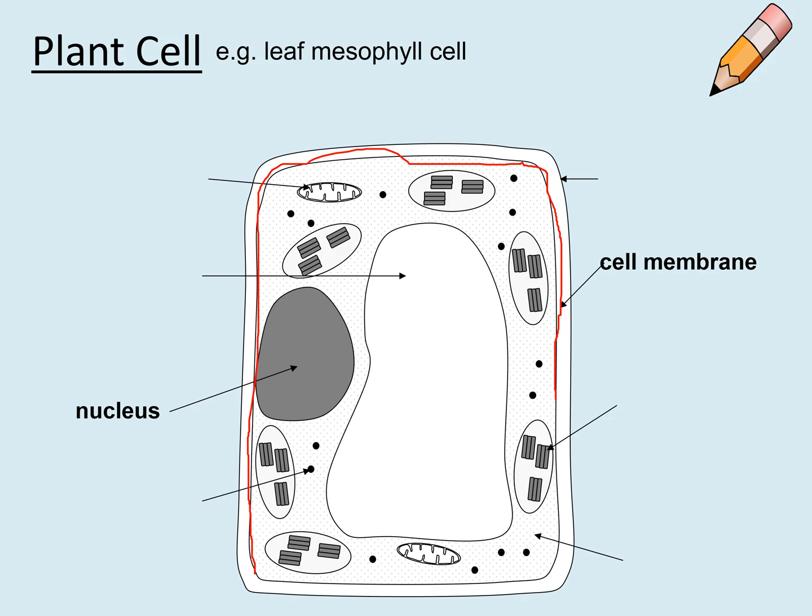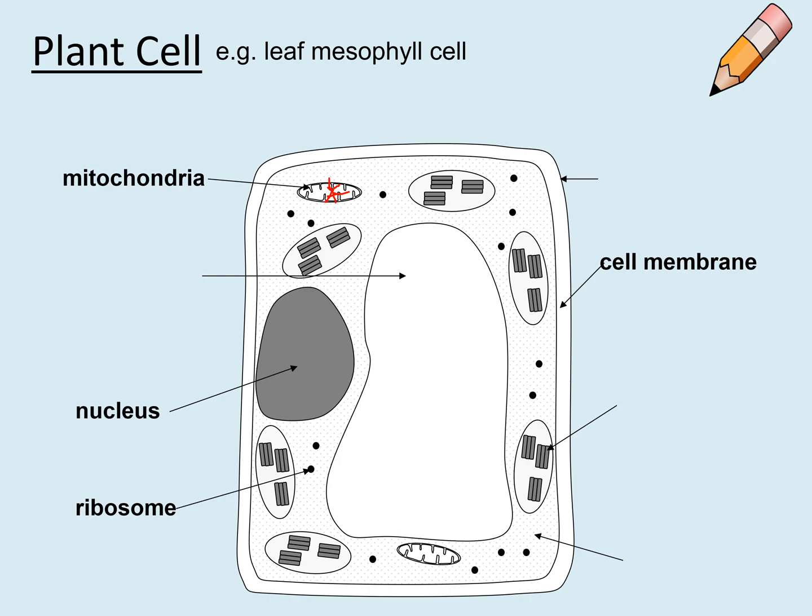Right, the next part you have is your ribosomes. These are the little dots that are all over the cell, and they are the site of protein synthesis. Your mitochondrion is your next part of your cell after your ribosome, and it has little folded membranes, so it's like an oval with folded membranes.